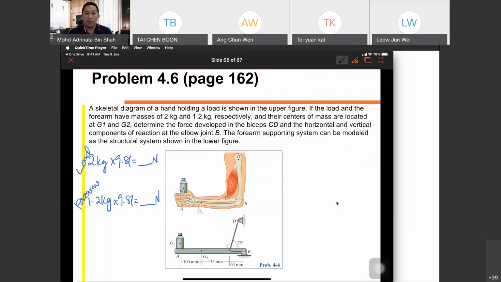So this is the load, this is the forearm. G1 and G2 are the centers of gravity. If they give the center of gravity, the load must follow the center of gravity.